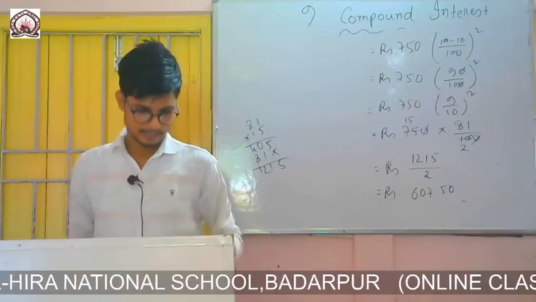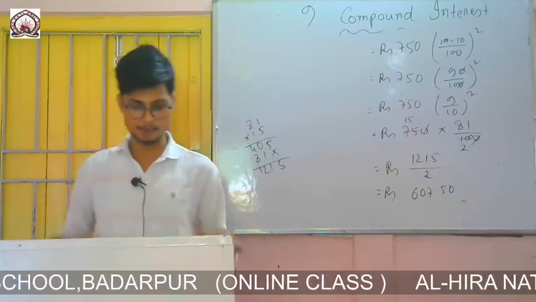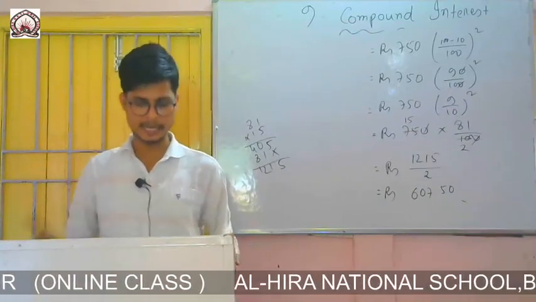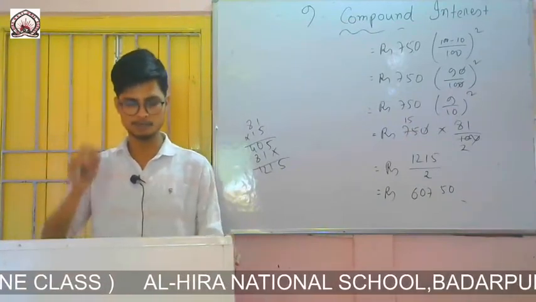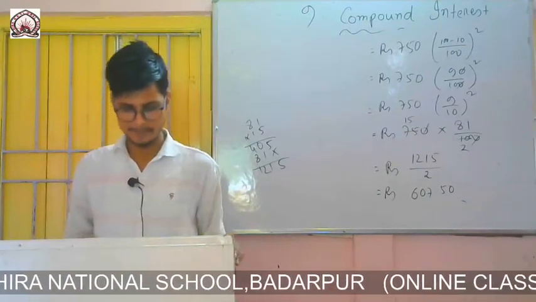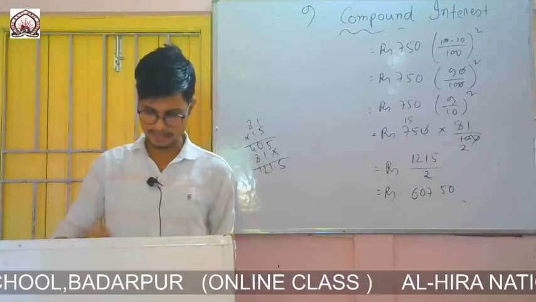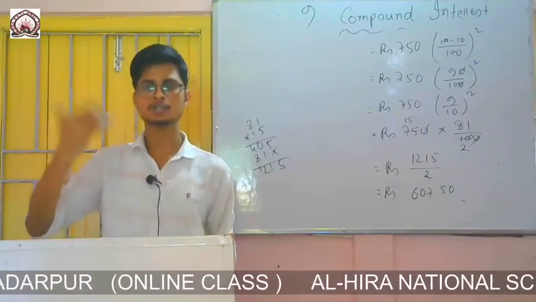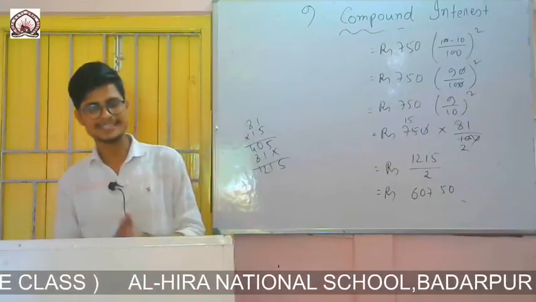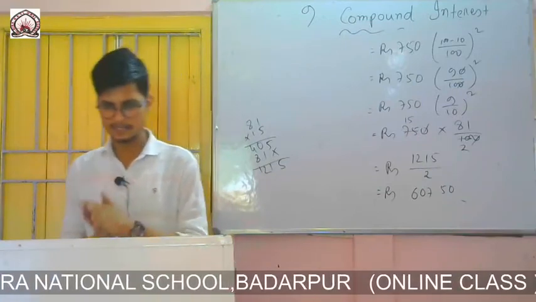In the year 1988, the population of Andhra Pradesh was 5.4 into 10 to the power 7. The population is growing at a rate of 2.4% per annum. So what is the population in the year 2008? You have to find the answer.